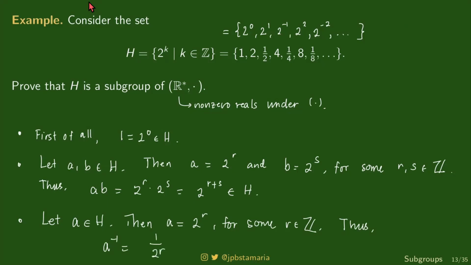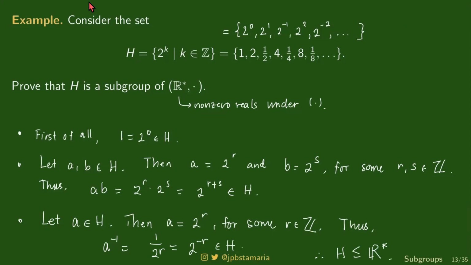But we know from algebra very, very well that this is 2 raised to the power of minus R. So again, A inverse is an integer power of 2 because minus R is an integer, therefore an element of H. All of this make a proof for the fact that H is a subgroup of R star. Naintindihan niyo kung paano ginagawa?